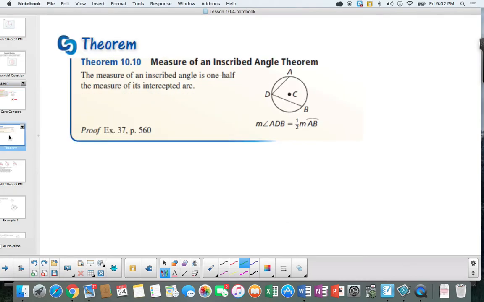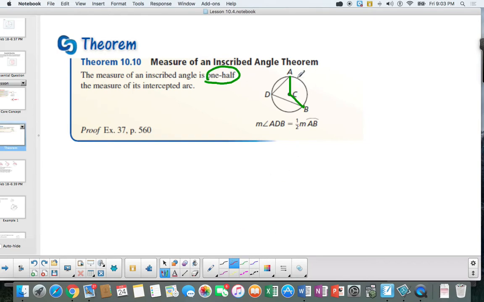Okay, let's go ahead and draw the central angle. And I want you to notice that the central angle is pretty wide compared to this angle right here. And so what they're saying is that this angle is actually 1/2 the measure of the intercepted arc.